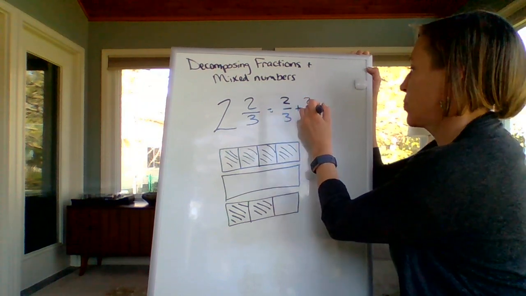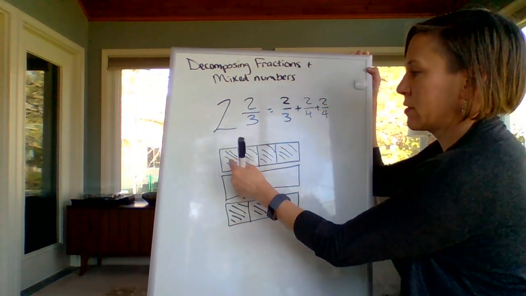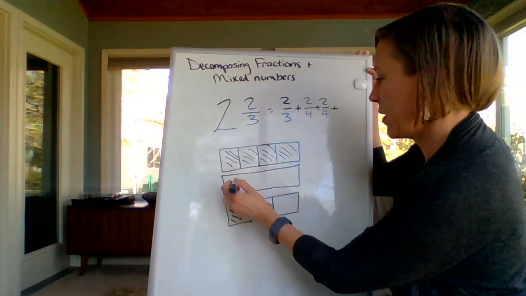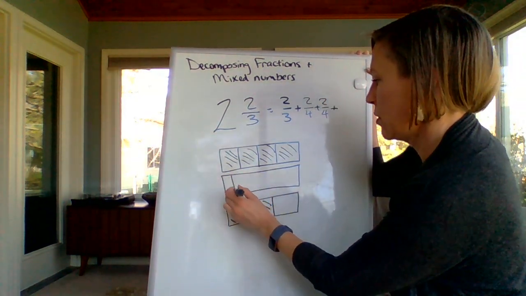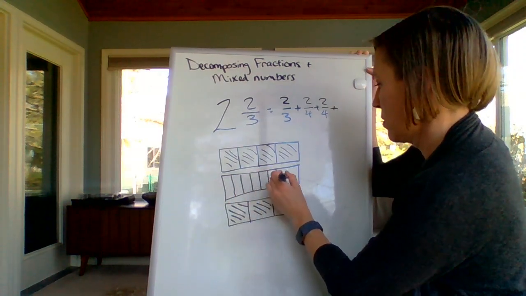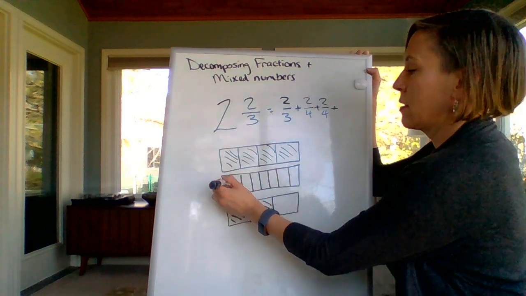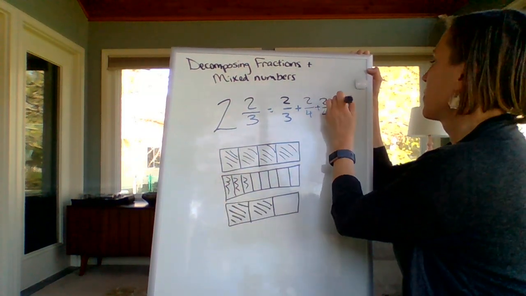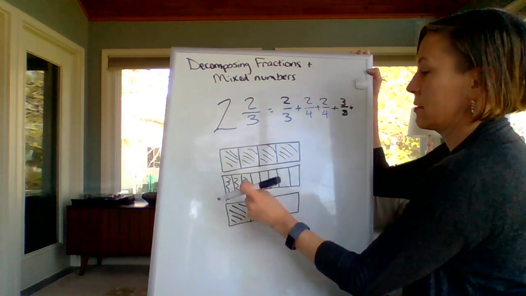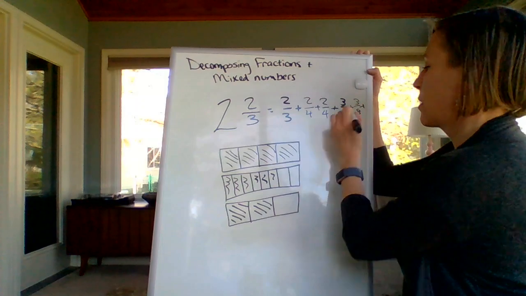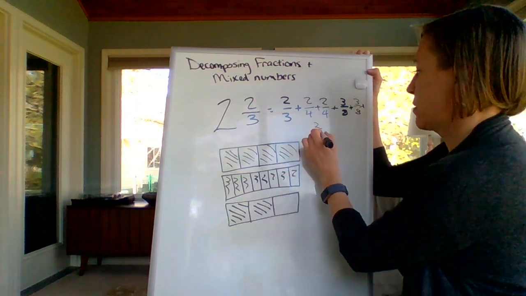So I could do 2/4 plus 2/4 plus, I don't know, let's break this one down into 8 pieces. I'm going to do 1, 2, 3, 3/8, 1, 2, 3 more 8ths, and 2 more 8ths.